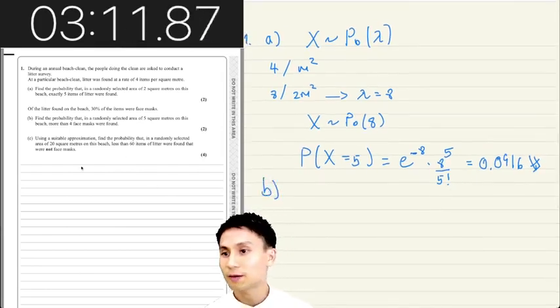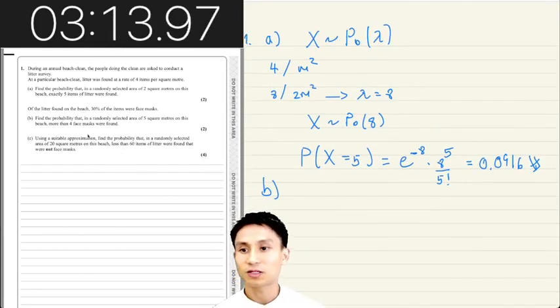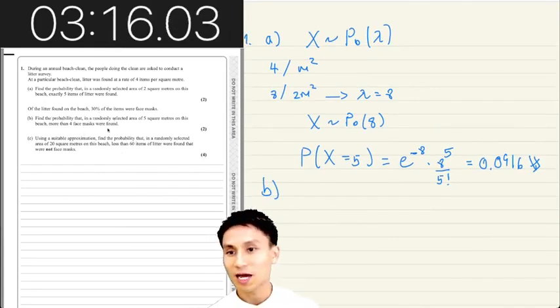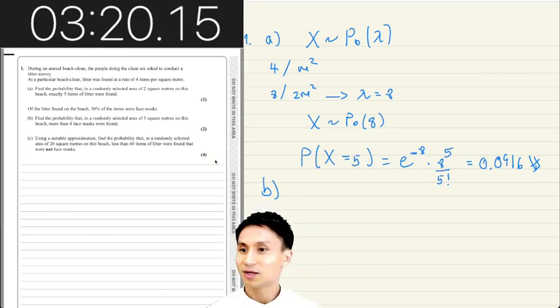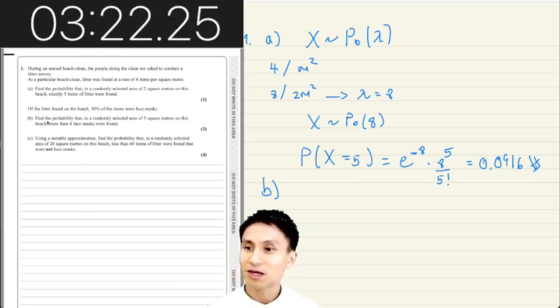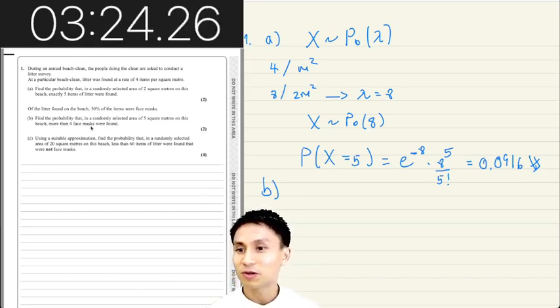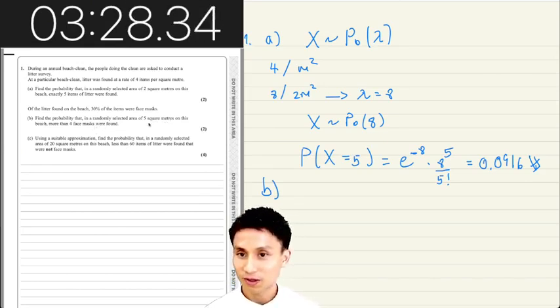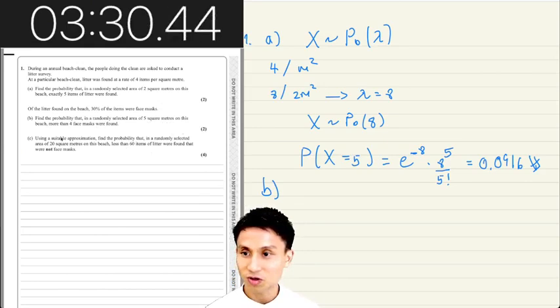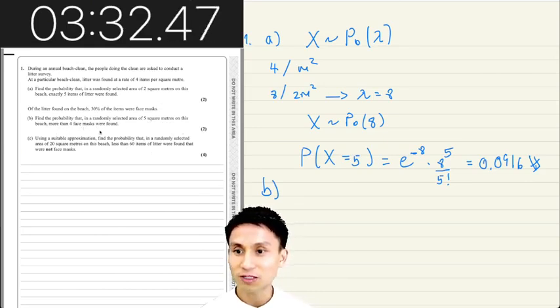Okay, B: of the litter found on the beach, 30% of the items were face masks. Okay, so it's like maybe during the pandemic or something. Find the probability that in a randomly selected area of 5 square meters, so now this time it's 5, not 2, on this beach, more than 4 face masks were found.